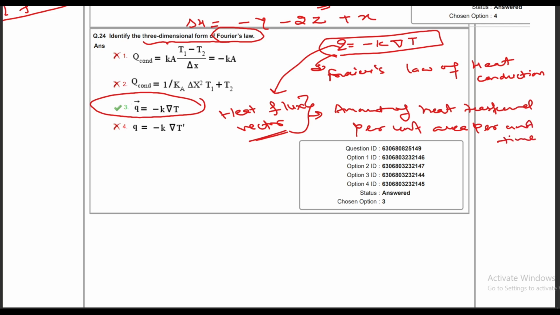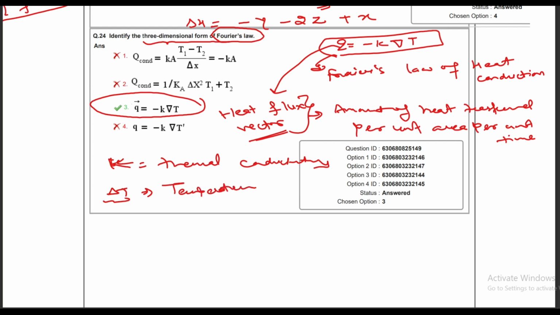Clear? And k, this small k, is thermal conductivity of material. Thermal conductivity. Clear? And ∇T, if we are considering three coordinate axes x, y, z, this is temperature gradient vector in three directions, x, y, and z. So third option is correct answer.